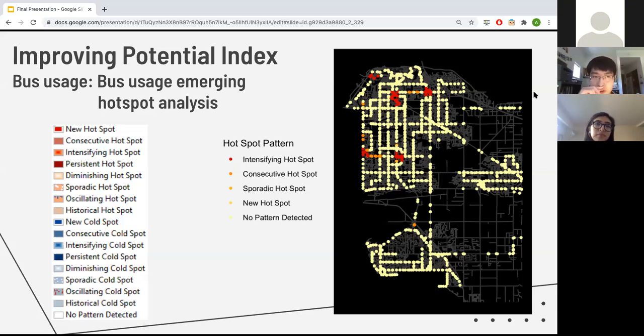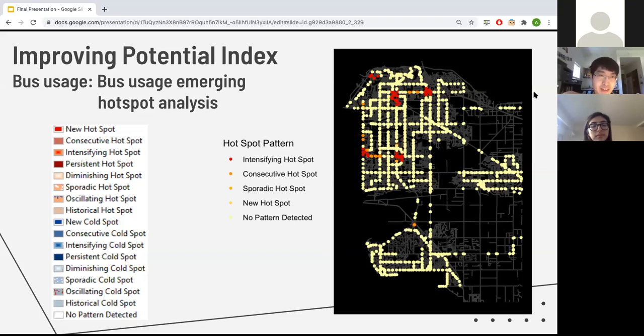So if we look at the results on the right, we will see that for bus stop usage, we don't really have any cold spots. We only have hot spots. And for most bus stops here, where each point is a bus stop in Surrey, there's actually no specific pattern.